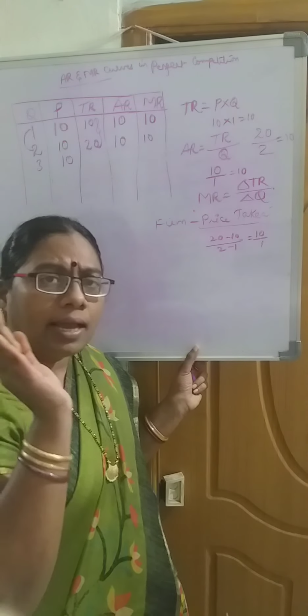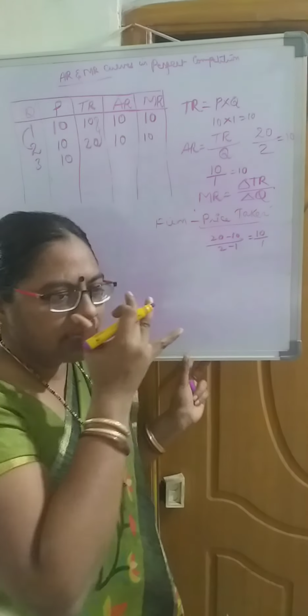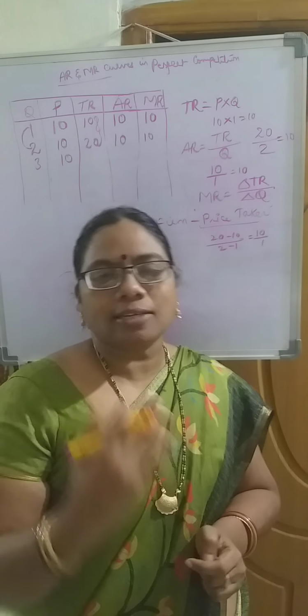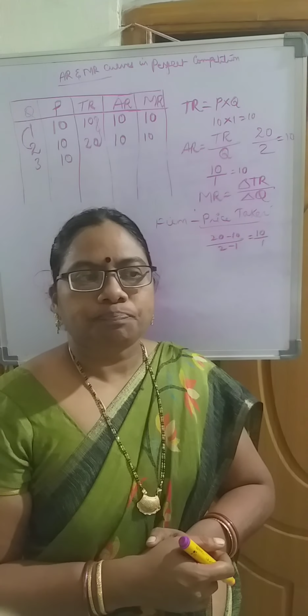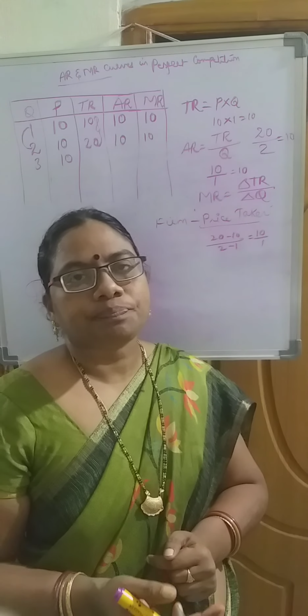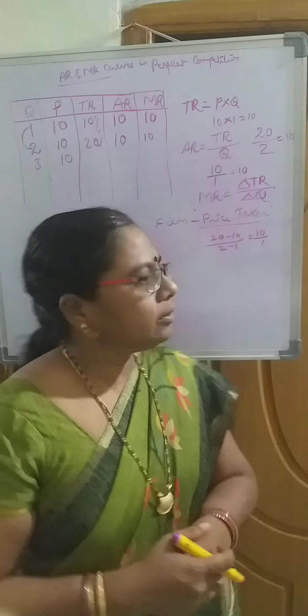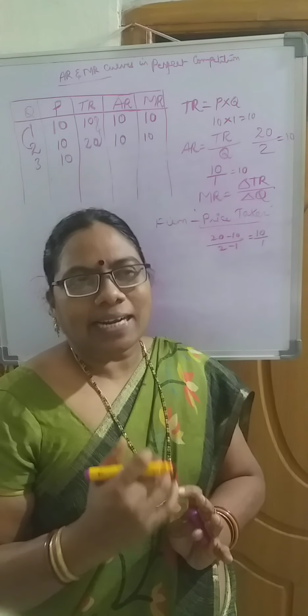They have to accept the price that is given by the industry. And if a firm starts changing the price, then the other firms will know what is happening in one firm. It's a transparent market.